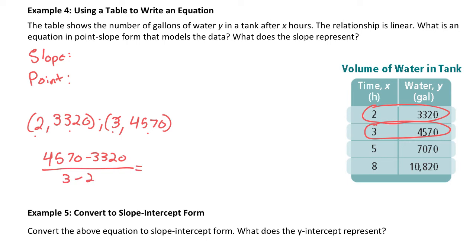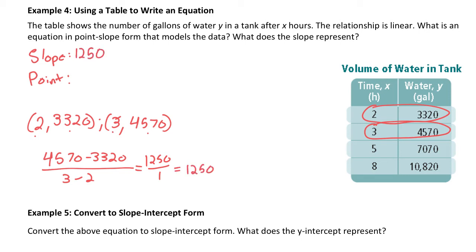The nice thing is that this is going to be over 1, so the math really isn't as bad as it seems, even with these big numbers. The slope is really just 1250.